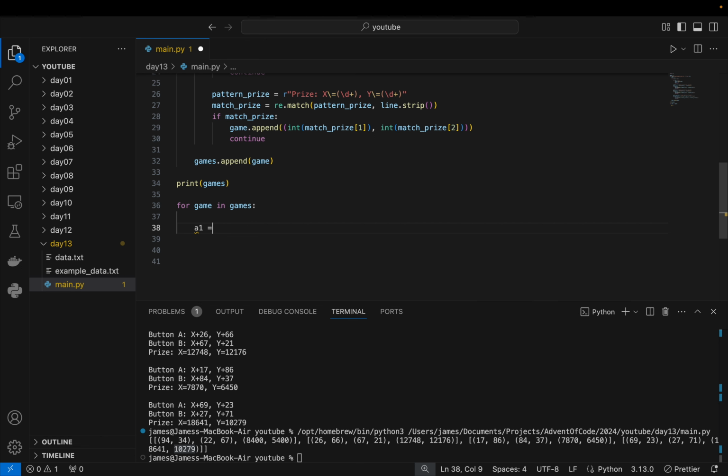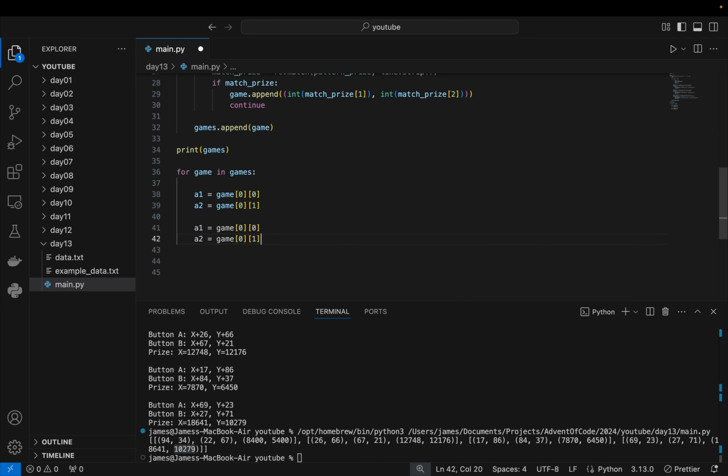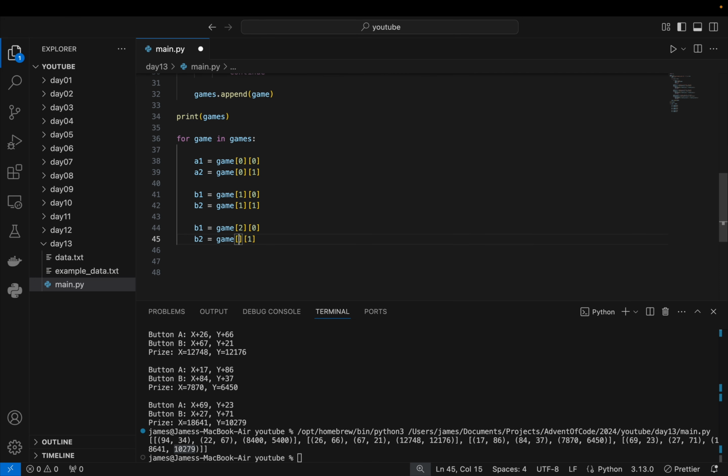So A1 is going to be the 0th part and 0. And I'm just going to quickly do these now. Okay, so I've just extracted all of these.